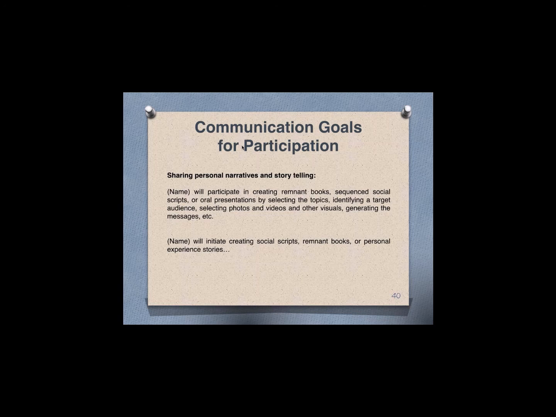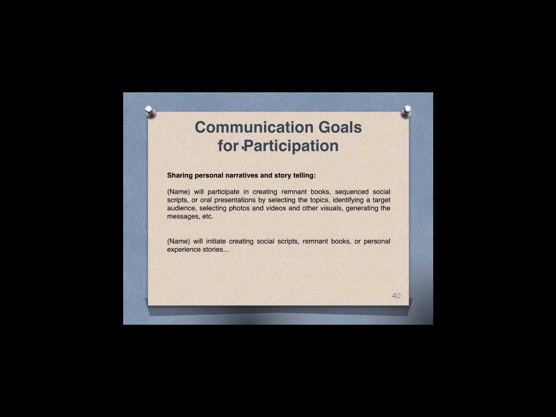And that's where you've really gone beyond the person adding a word or two or choosing the topic, to really being able to generate their own stories. We'll see this with some of our kids with Angelman who have really gotten into having remnant books and personal experience books, where they know that after going to the aquarium or the birthday party, they're supposed to write a book about this.